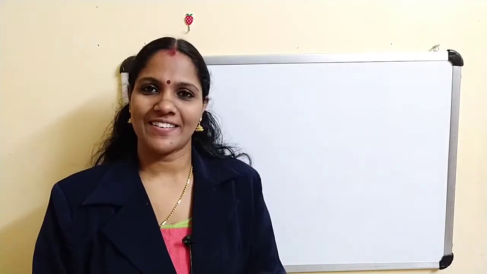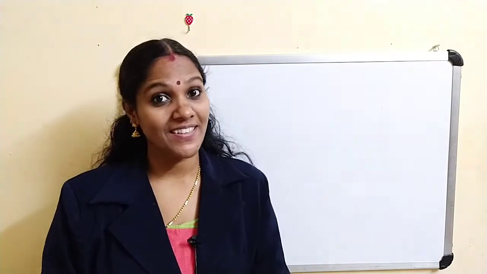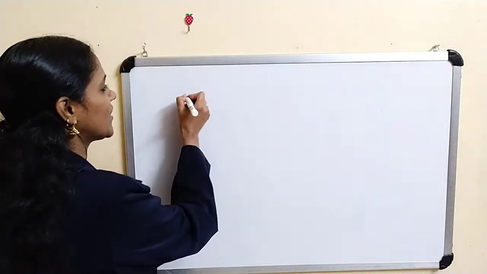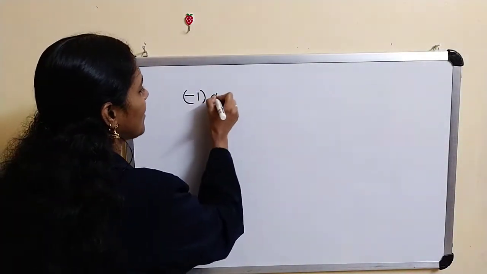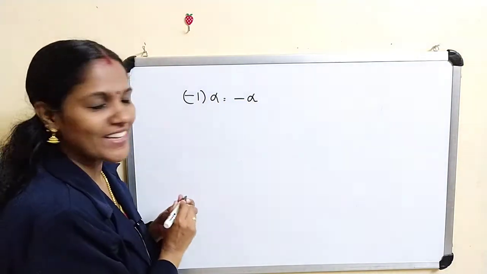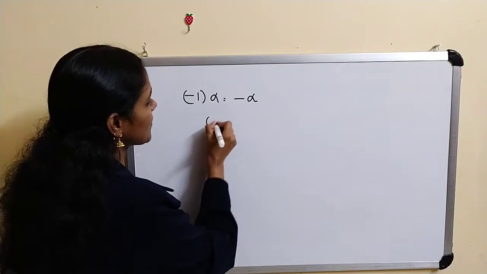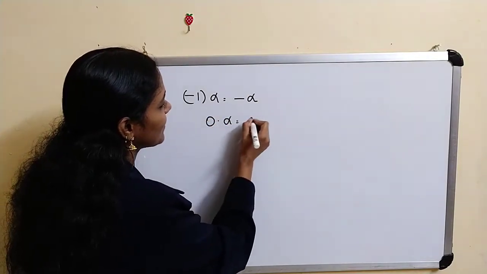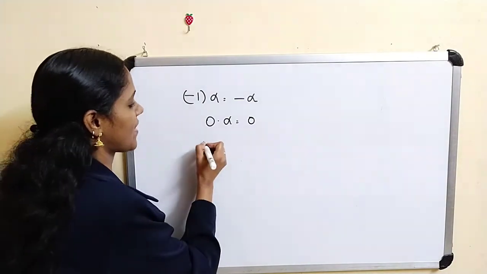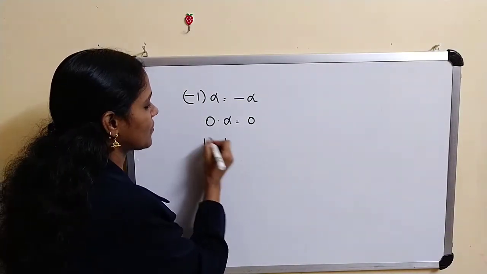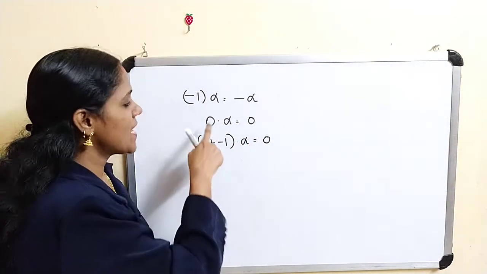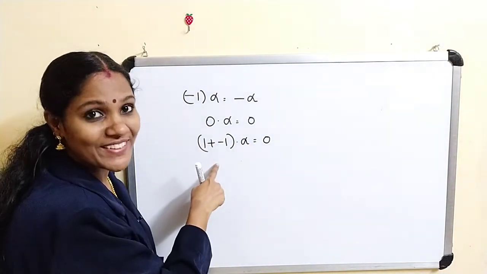Okay. Now moving to the last property. The last property is minus 1 into alpha equal to minus alpha. This is what we have to prove. For this we use the first result, 0 into alpha equal to 0. And this 0 you can write as 1 plus minus 1 into alpha equal to 0, since 1 plus minus 1 is equal to 0.